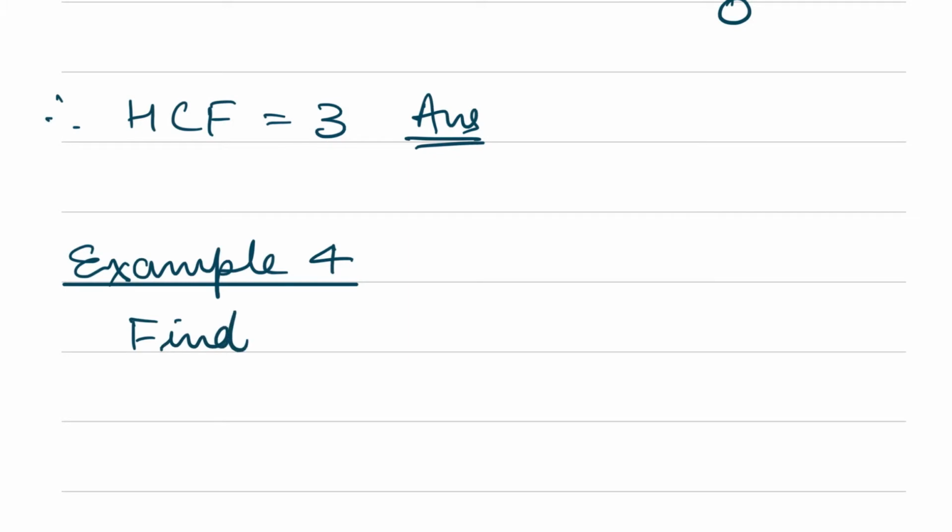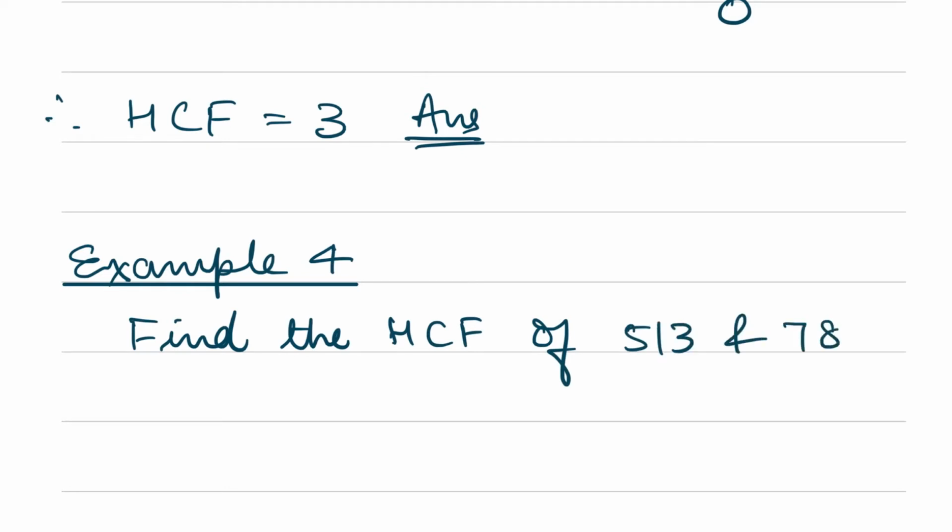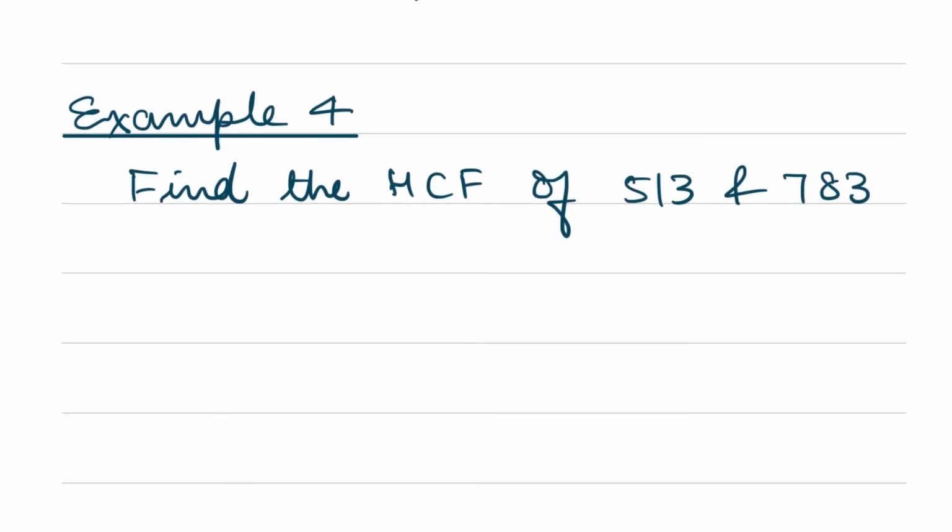Example 4. Okay, find the HCF of 513 and 783. So we'll follow the same steps. The smaller number becomes the divisor and the larger number becomes the dividend.